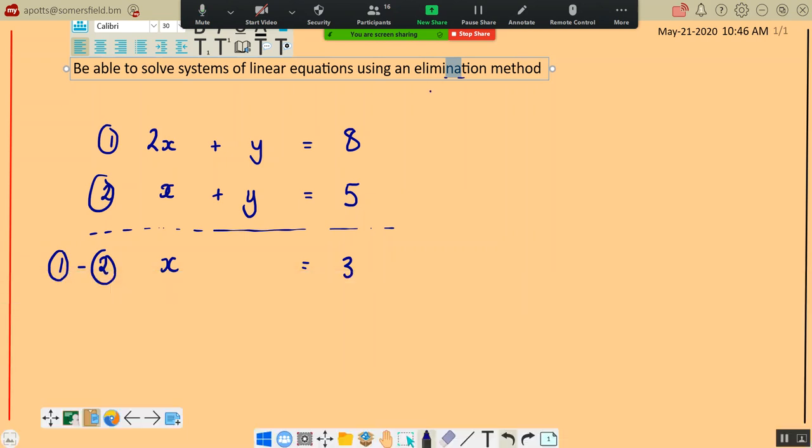So can you see where this elimination method comes in? Where do you think the elimination method comes in, guys? What does to eliminate mean? Yeah, by subtracting, look, we managed to eliminate the y.